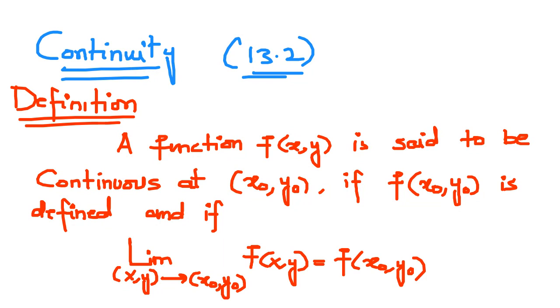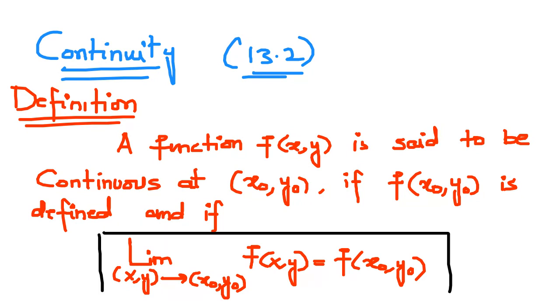So when this condition holds, you can say the function is continuous. Okay, when this condition is satisfied, you can say the function is continuous.